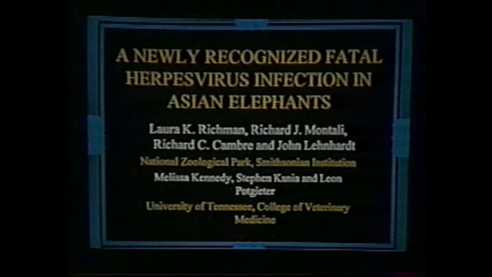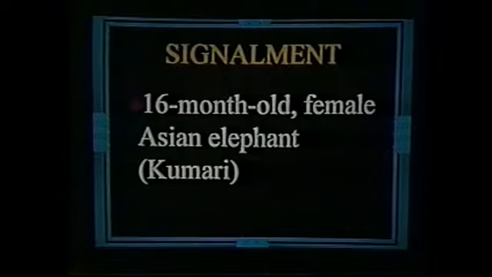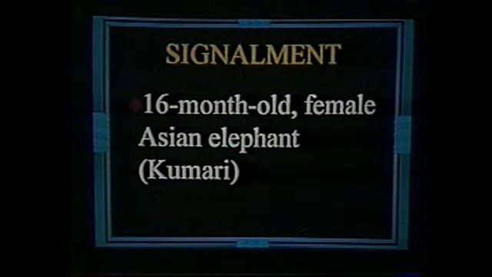In our setting, the virus I would like to talk about is a new herpes virus infection. It's an endothelial-tropic virus that occurred in our young Asian elephant Kumari that we bred and were raising at the National Zoo.